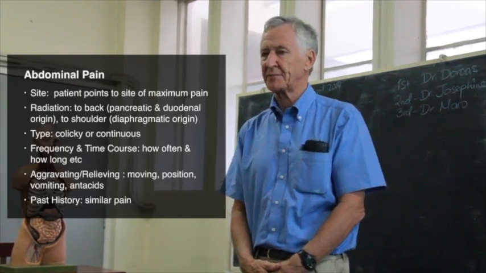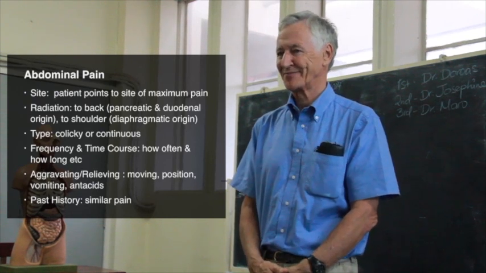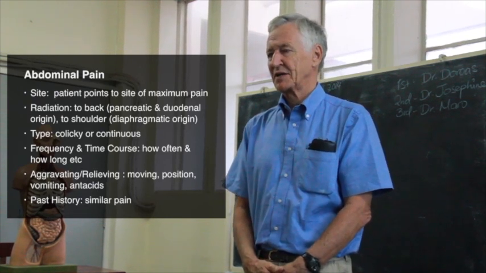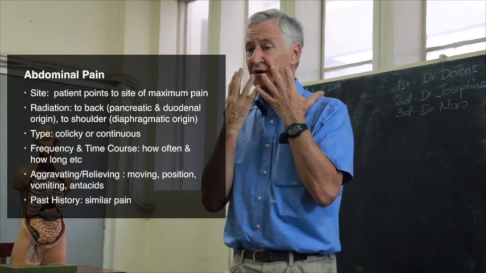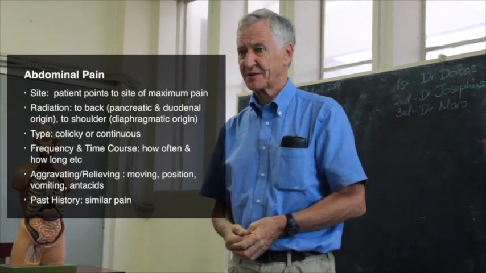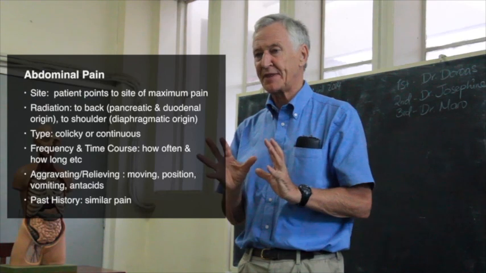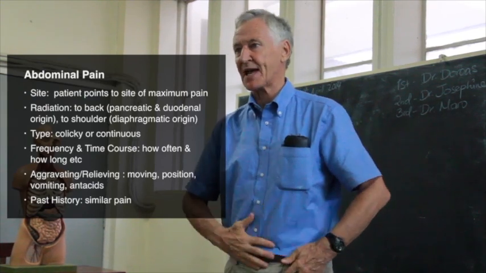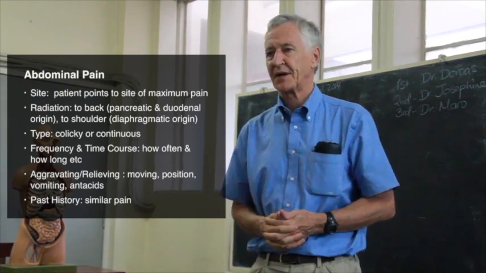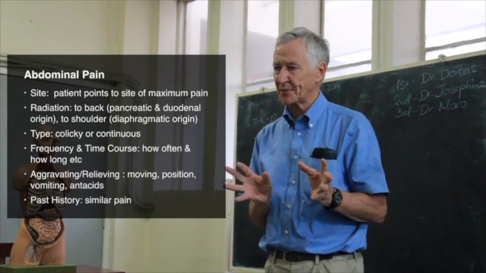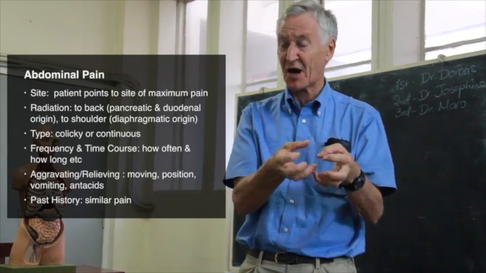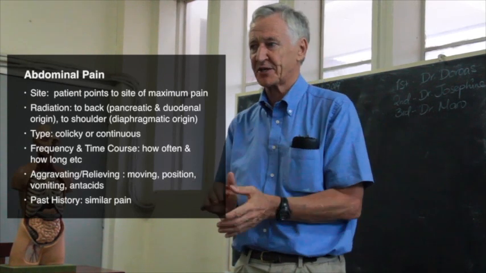Now, pain in the abdomen is a huge thing, because pain can occur anywhere from the mouth to the anus. But then immediately, 99% of pain is in the abdomen per se. And there are two types of pain in the abdomen. One is related to a hollow viscus, and the other is related to the peritoneum.